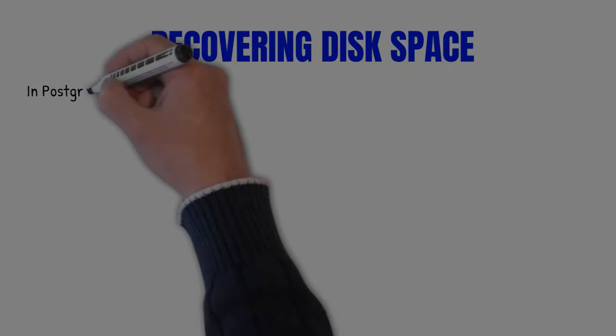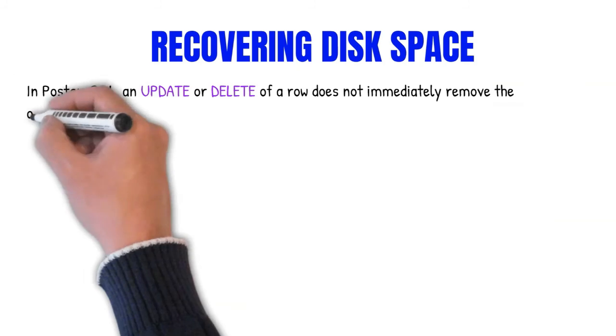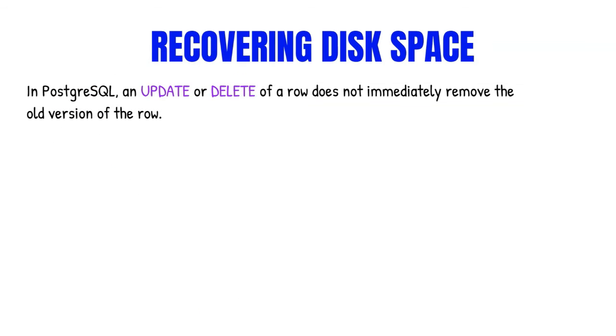In Postgres, an update or delete of a row does not immediately remove the old version of the row. This approach is necessary to gain the benefits of multi-version concurrency control. The row version must not be deleted while it is still potentially visible to other transactions.